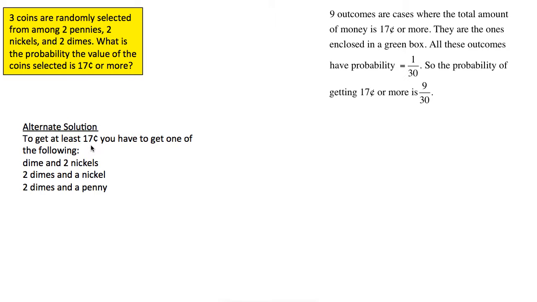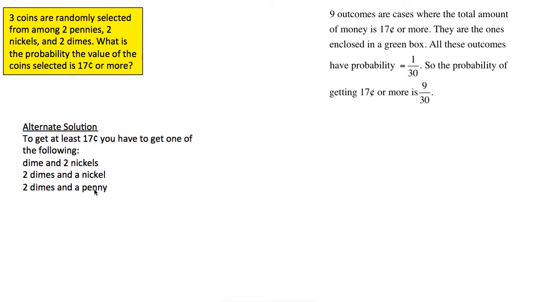The key to coming up with a simple counting approach is to realize that to get at least 17 cents, one of the following things has to happen. You either have to get a dime and 2 nickels, or else you have to get 2 dimes and either a nickel or a penny.